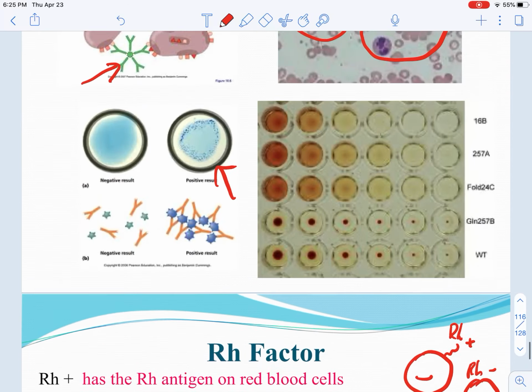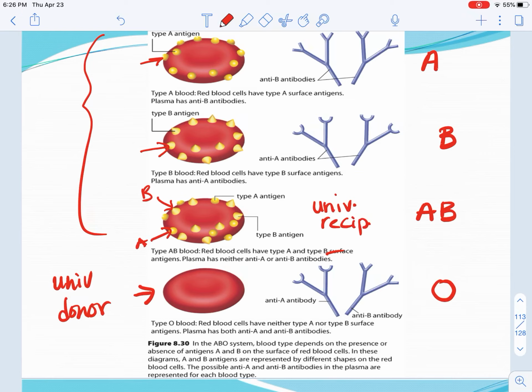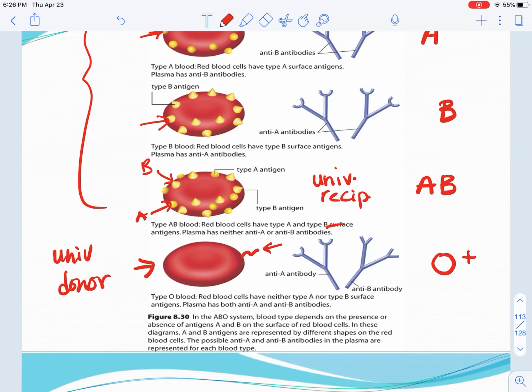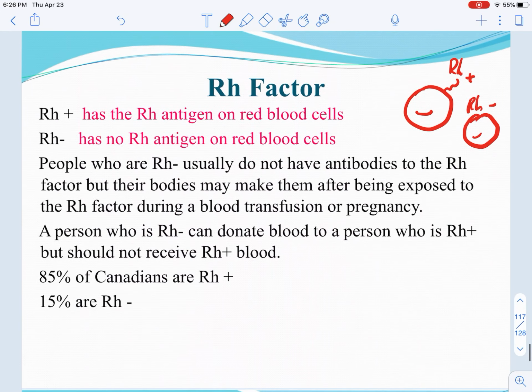And so this just adds to a compatibility issue, because when we look at the blood types here, if you, for example, are blood type O, but you are O positive and have the Rh factor, you are then not able to donate that blood to O negative, because you would be introducing a foreign antigen marker to that. So you do have to look at whether the blood type is compatible and whether the Rh factor is compatible.